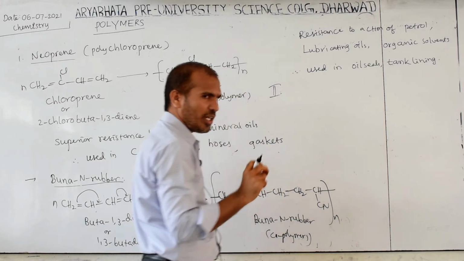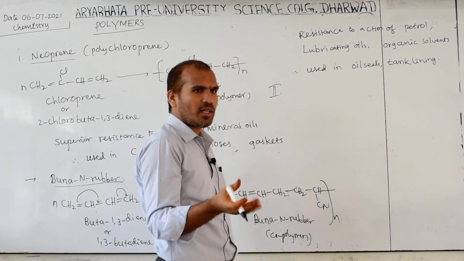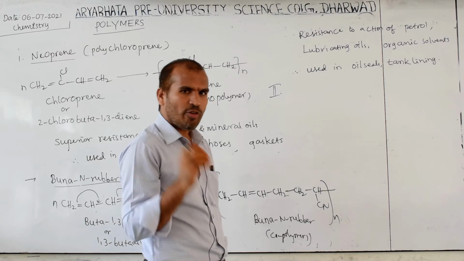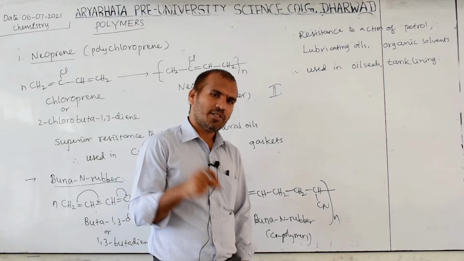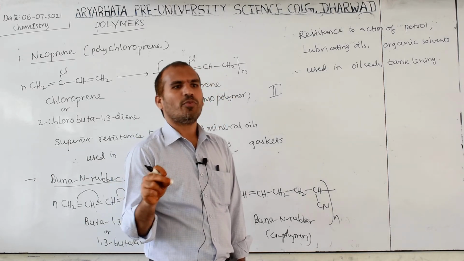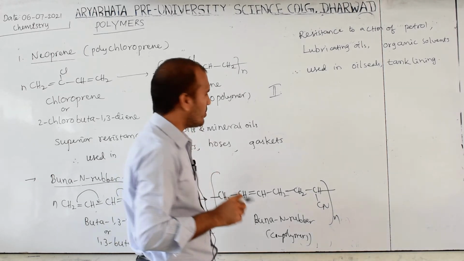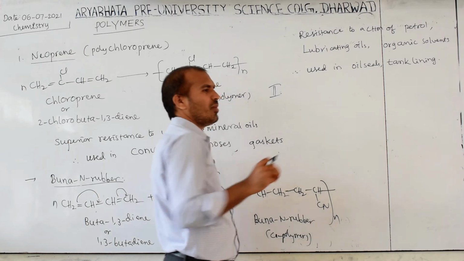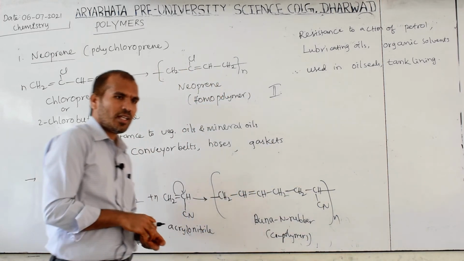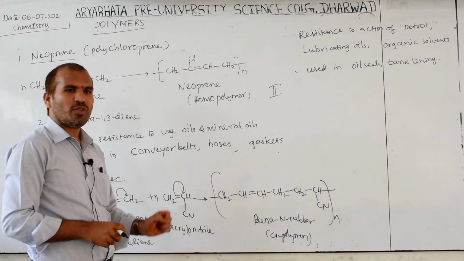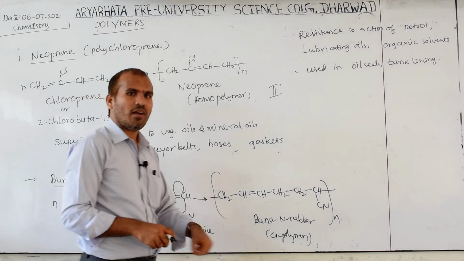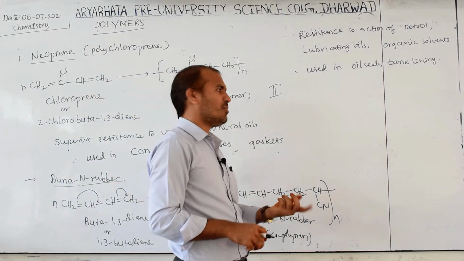Roman numeral 1 is addition polymer. In that, homopolymers are there, copolymers are there. In addition polymers, we observe mostly homopolymers, only 2-3 different copolymers. So remember, only these two copolymers are there: Buna S rubber, Buna N rubber. The remaining are mostly homopolymers.